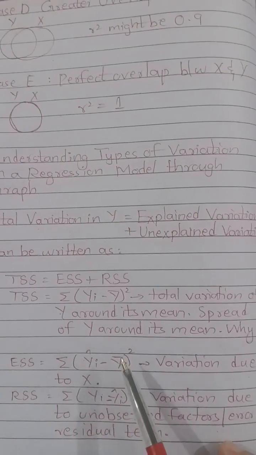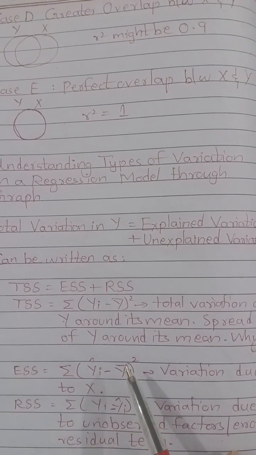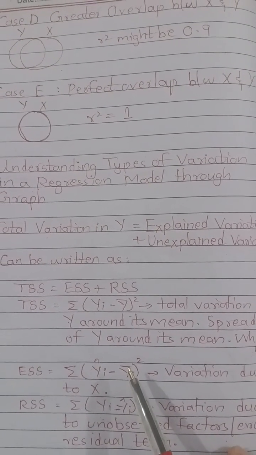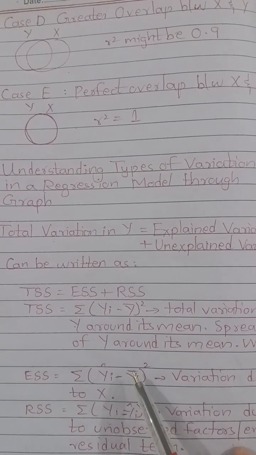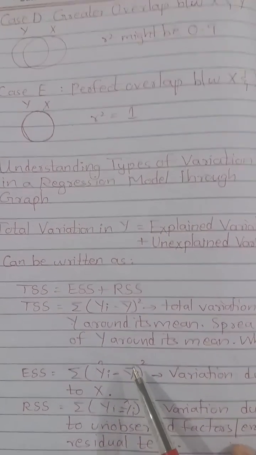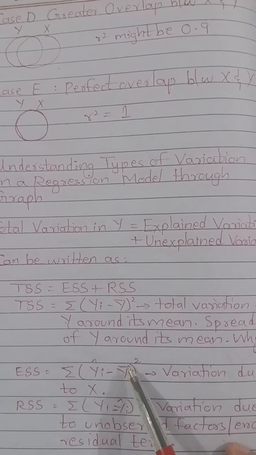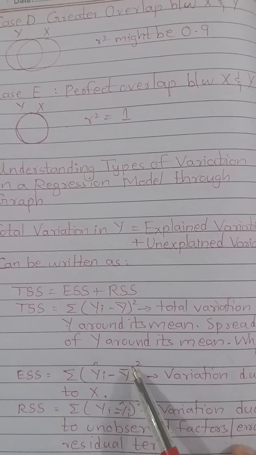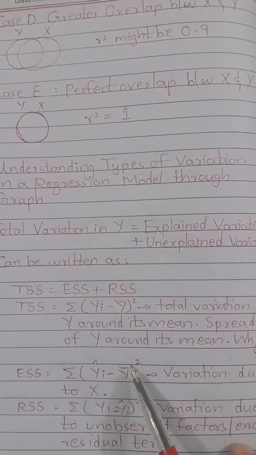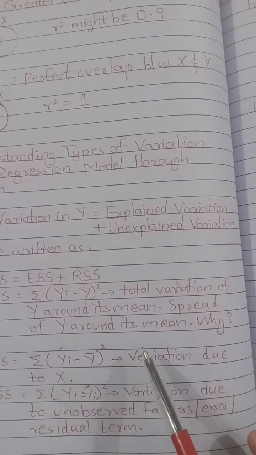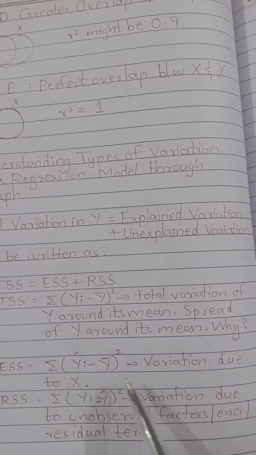Since we studied that in the numerical properties of sample regression line, that y bar is equal to y hat bar. It means that the mean value of estimated y equal to the mean value of actual y. So y bar and y hat bar are equal. So this is a variation in y due to x.